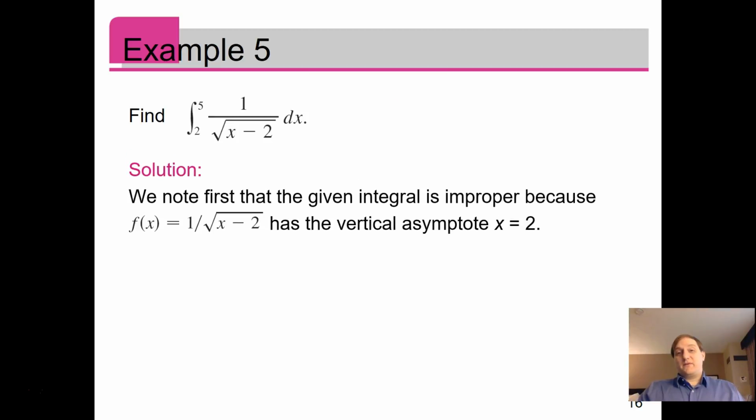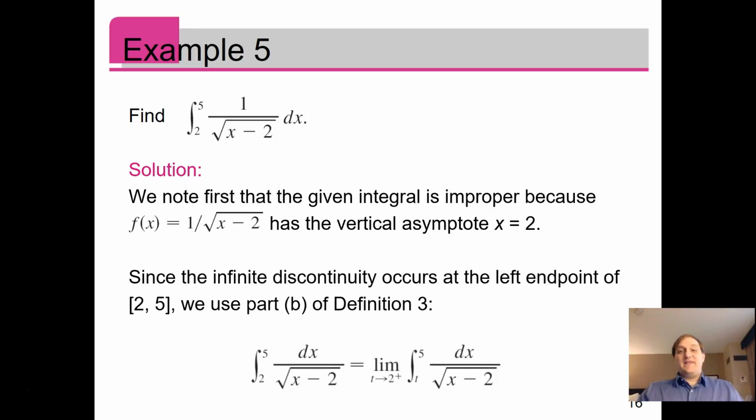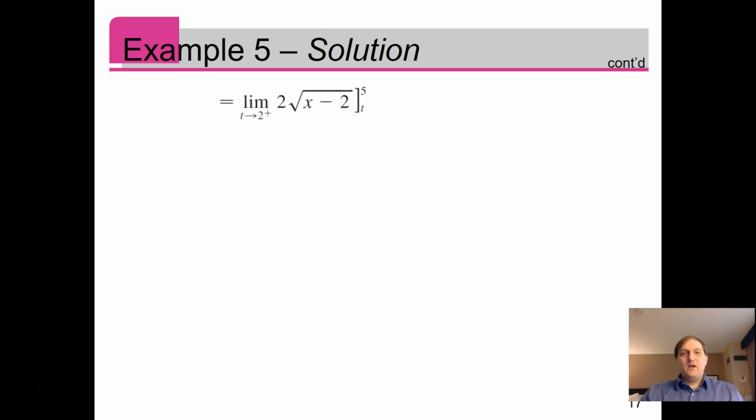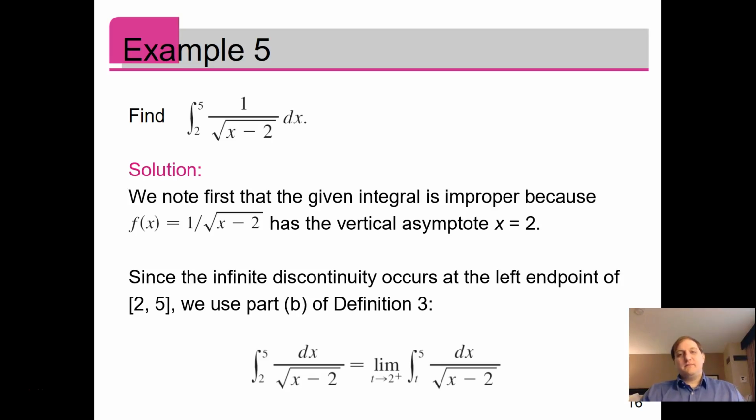So let's see how they handle that. First off, they note here's why it's improper. And then we're going to do the limit as t goes to 2 from the right of the integral from t to 5 of dx over root x minus 2. The way they did this was they said the root of x minus 2 in the denominator is going to be x minus 2 to the negative 1/2.